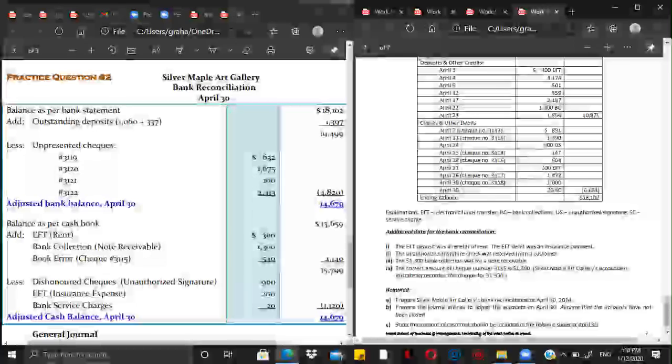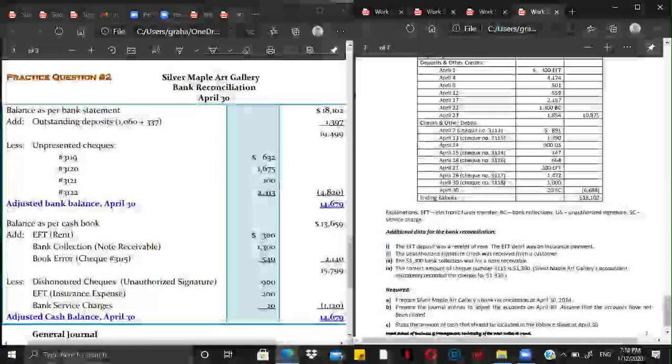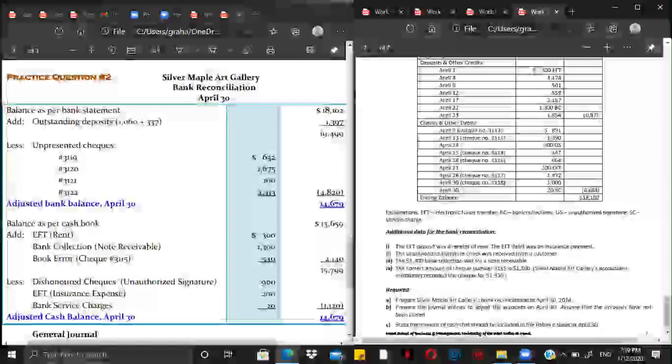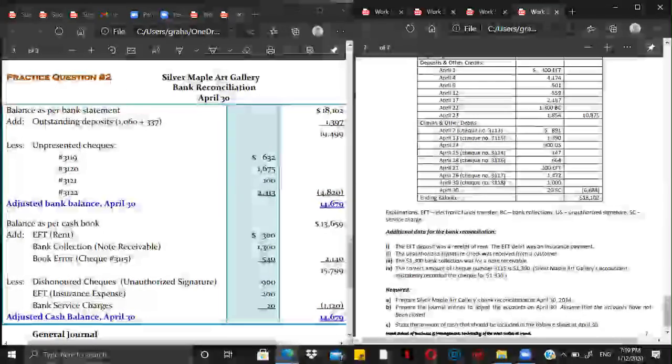All right, let me go over it one more time. So before we go into the workings of the bank recon, we're going over additional data so that when we're ready to work the bank recon, we don't have to be considering what we should do with the additional data, right? So the first one says the electronic fund transfer deposit was a receipt of rent.